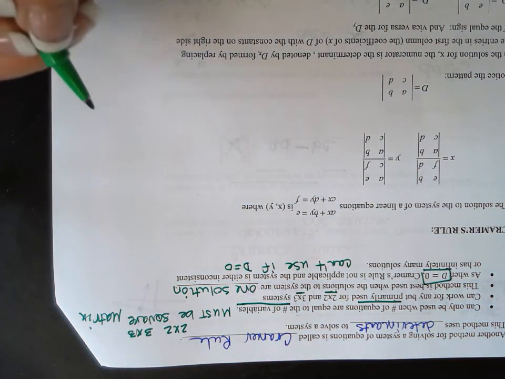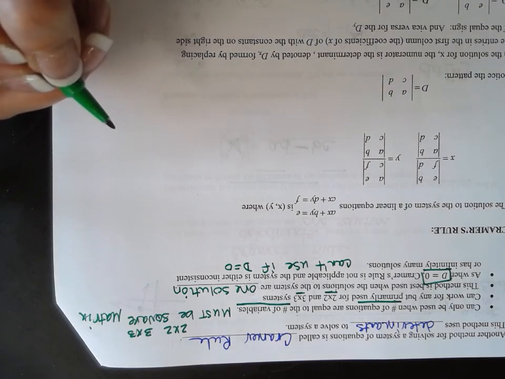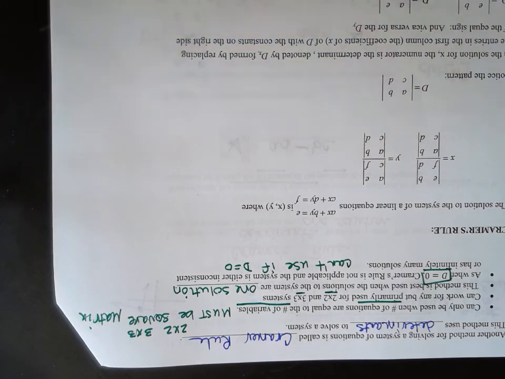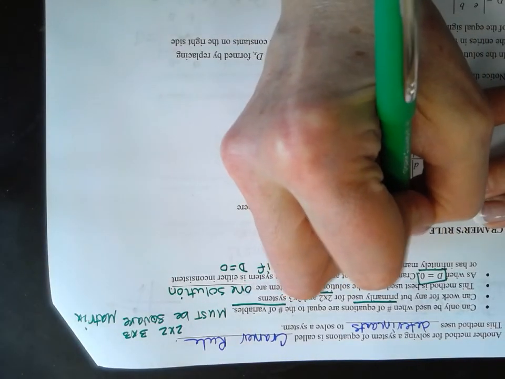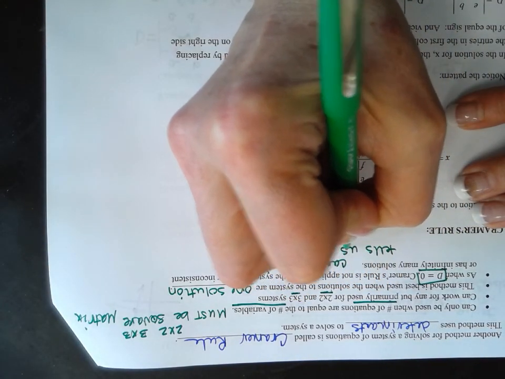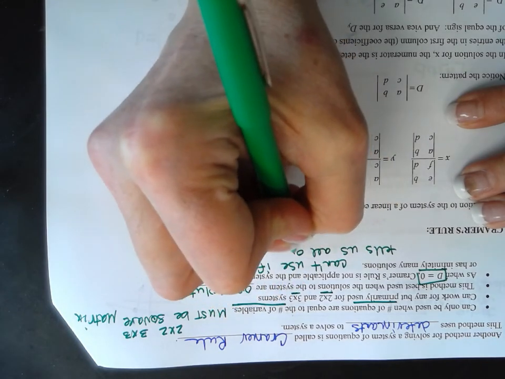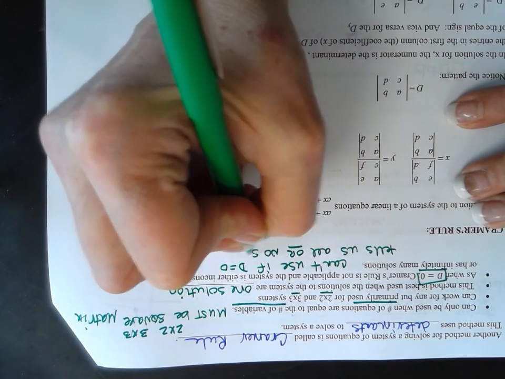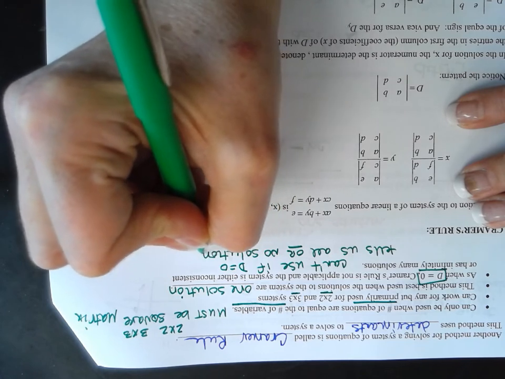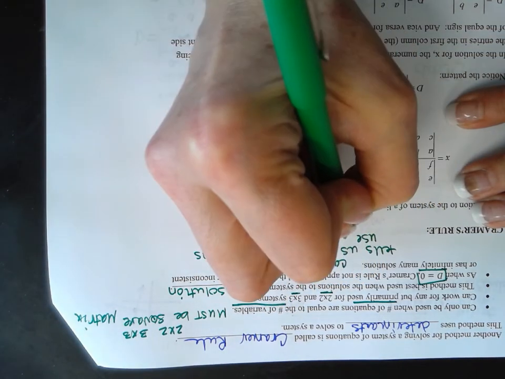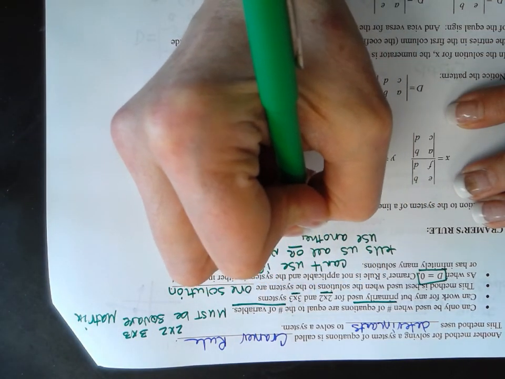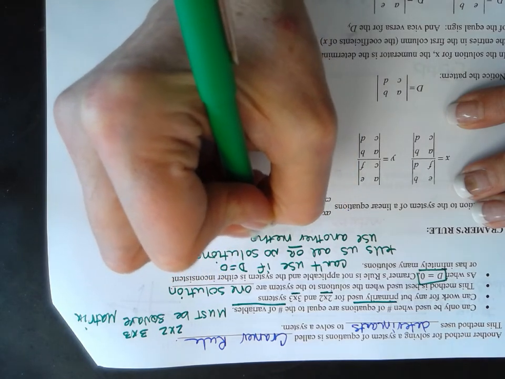It doesn't tell you it's all solutions. It tells you it's either no solutions or all solutions, so you have to use another method to figure out which one it is. Does that make sense?